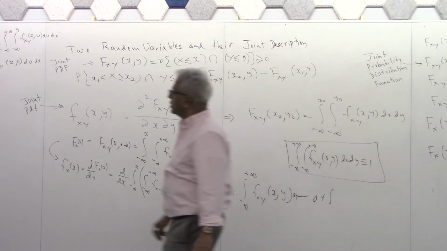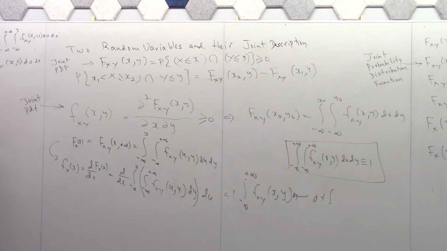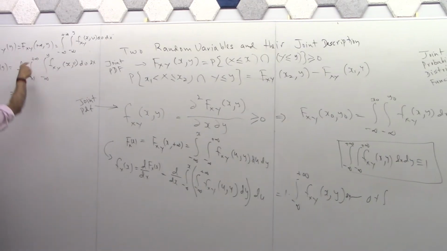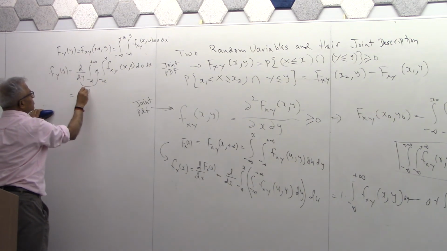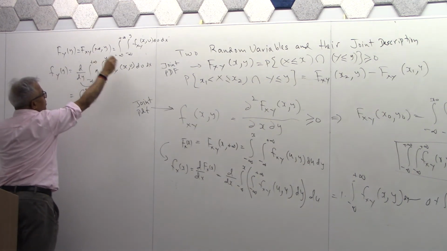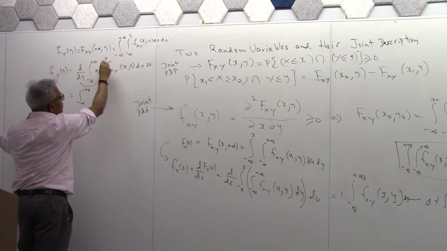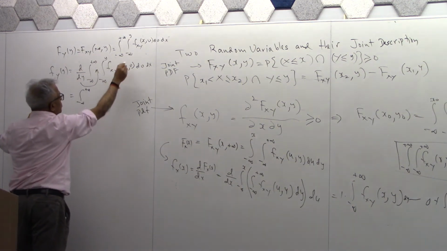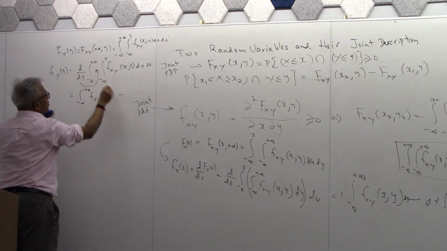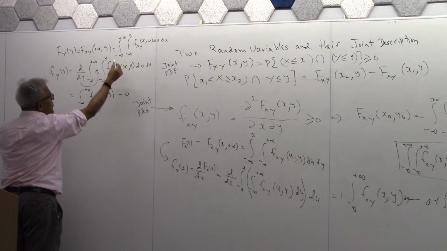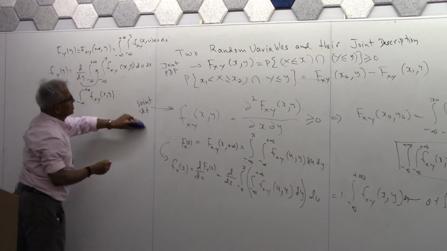And same thing here, if you take the derivative quickly, this derivative goes here, so that's minus infinity to plus infinity. Derivative of the top limit, what's the variable in this one? v. So y goes into v, so this is f_XY(x, y), minus the derivative of the bottom limit 0, derivative of this with respect to y 0. So this is just the answer.